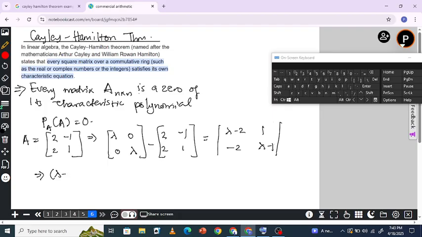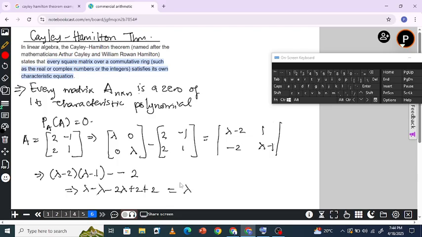We will have lambda minus 2 times lambda minus 1, minus negative 2 times 1. Expanding, we get lambda squared minus 3 lambda plus 2 plus 2, because this will give us a plus.